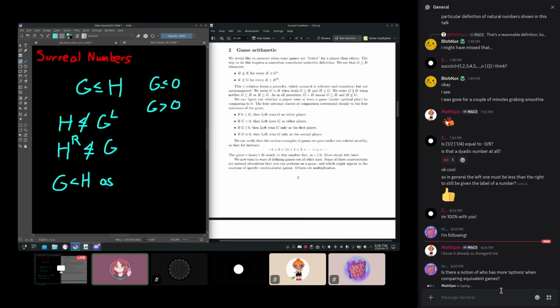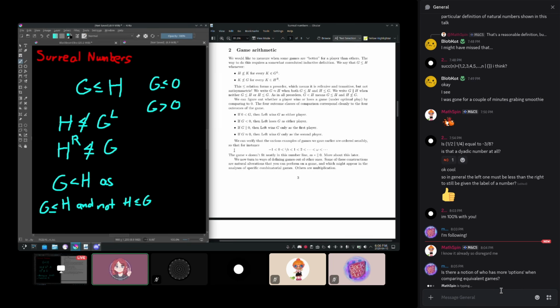But since we don't have anti-symmetry, that's kind of weird to do. So instead we're going to define this as G is less or equal to H and not H is less or equal to G. This is what the less than symbol is going to mean.